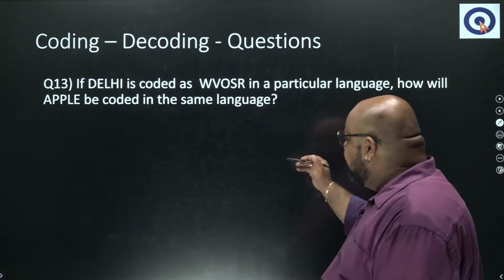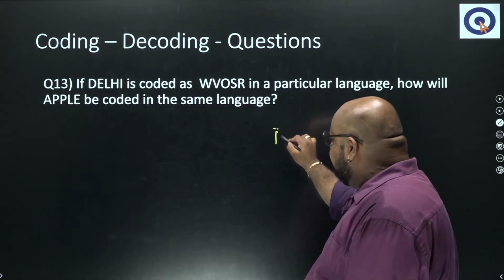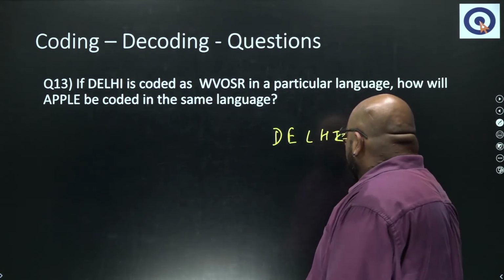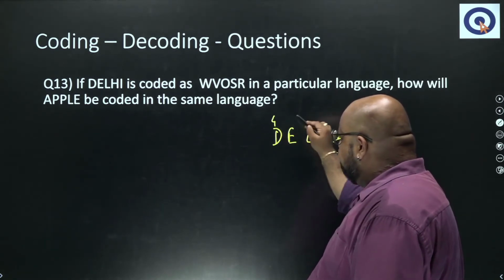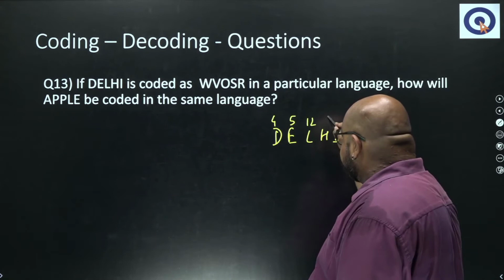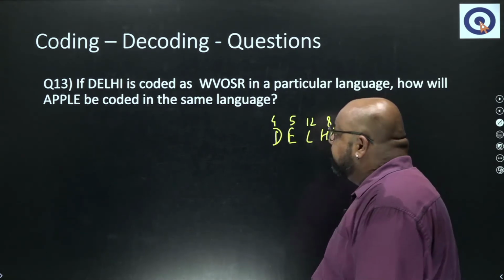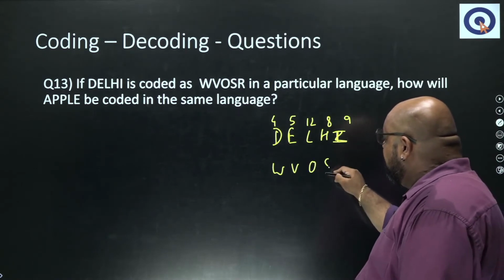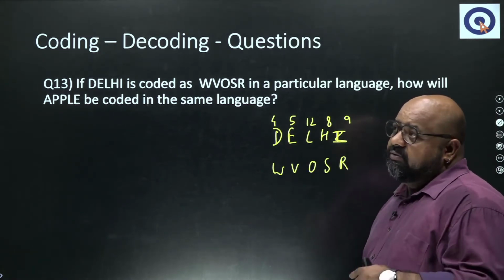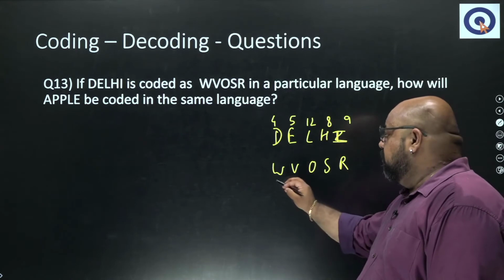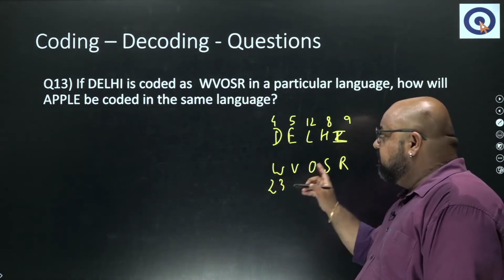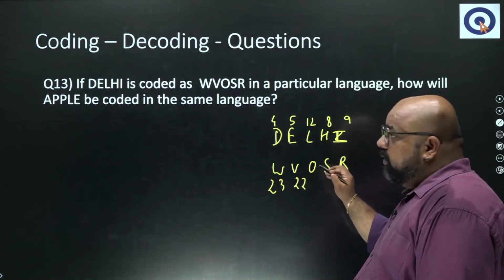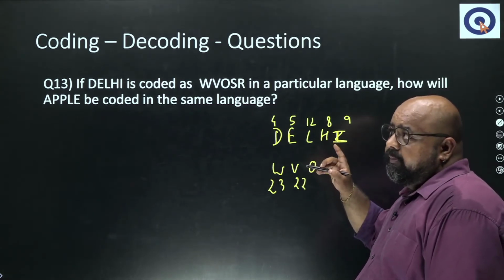I write the alphabet values for Delhi. D is 4, E is 5, L is 12, H is 8, I is 9. Right? Let us look at W, V, O, S, R. W is 23. U, V, W is 22.